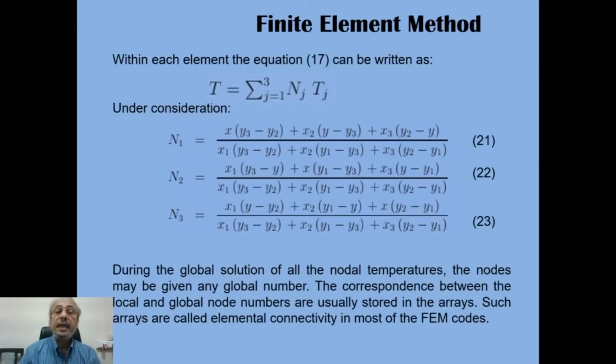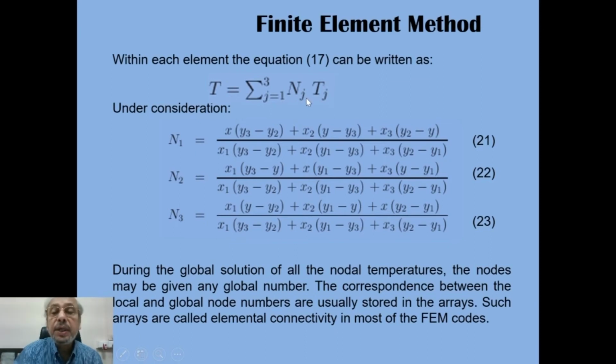Now we can say, as we mentioned earlier, that the temperature for the element is defined by the summation over j equal to 1 to 3. This j, as you can see, is now any variable.